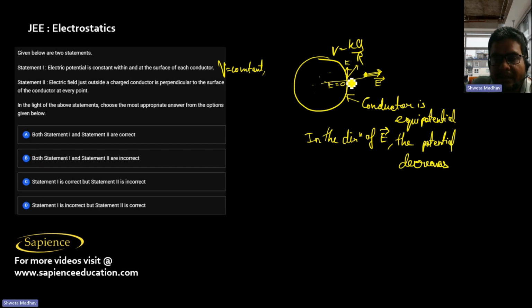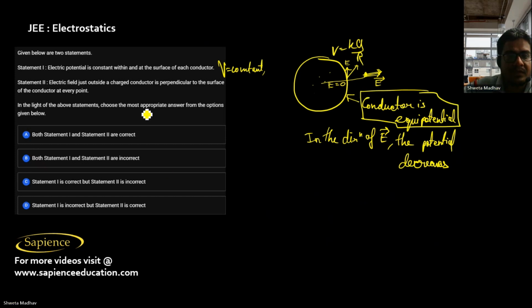So if some component of the electric field is along the surface of the charged conductor, it means that the potential at every point will not be the same, which will not satisfy the required condition of any conductor, since at every point in a conductor the potential should be the same.